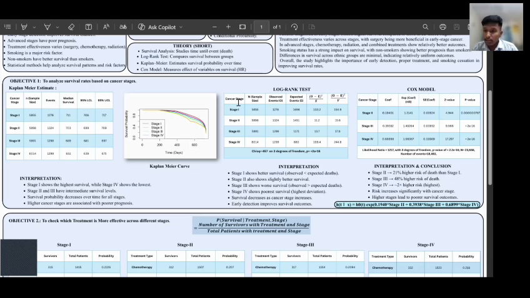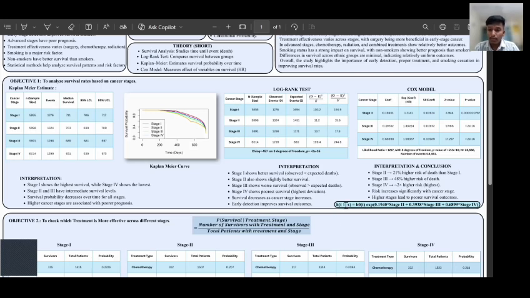Stage 3 hazard ratio is 1.48, so stage 3 shows a 48% higher risk of death, and stage 4 has a 1.99 hazard ratio. So stage 4 shows about 2 times higher risk. So risk increases significantly with cancer stage. Higher stage leads to poorer survival outcomes.